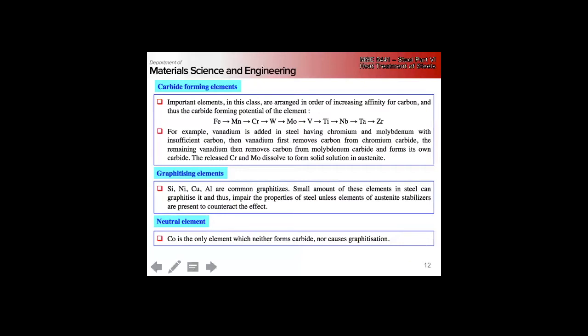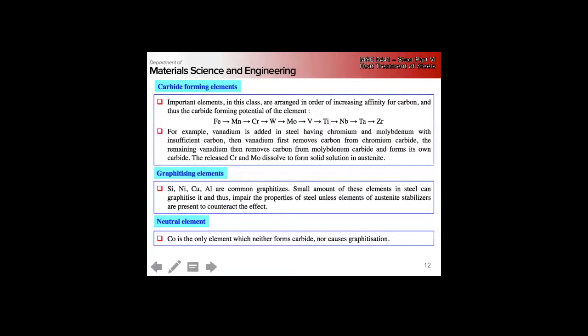We can see an example here. If we have a chrome molybdenum steel with insufficient carbon, meaning we're not saturated in carbon, and we then add vanadium, the vanadium will actually steal the carbon from the chromium carbides and then from the molybdenum carbides.